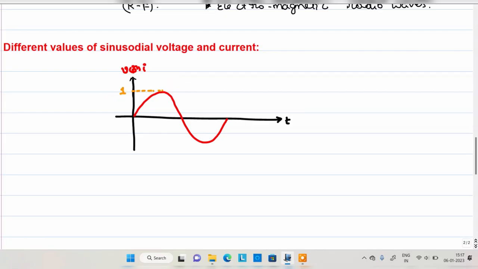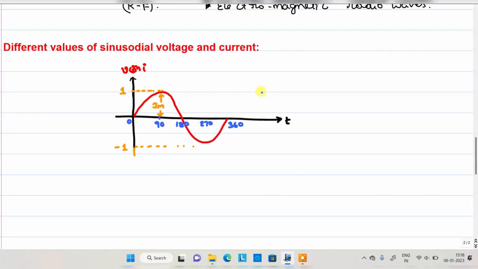for example, the magnitude is 1. So everyone listen carefully. Here the magnitude is minus one on the other side. Definitely we will get one question from this topic. Okay, so here the maximum, for example, it is a current, it is I maximum. Now this is time 0, and then 90 degrees, 180 degrees, 270, 360 degrees.